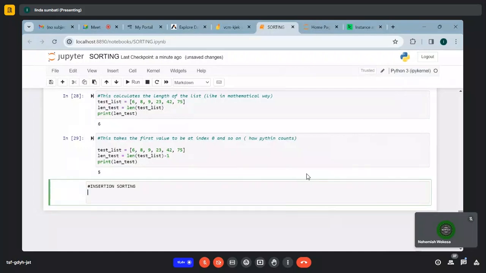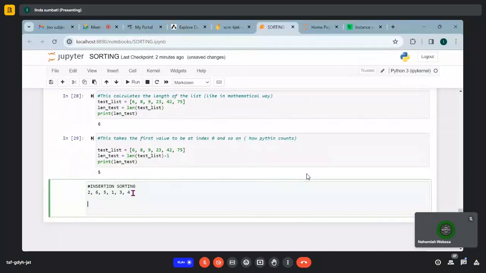So we start by comparing the first value, and there is a condition under insertion, that before we carry out any iteration, only the first element belongs to the first part. So let's say maybe you have 2, 6, 5, 1, 3, 4. So for insertion, it believes that this first element is already sorted, this one.